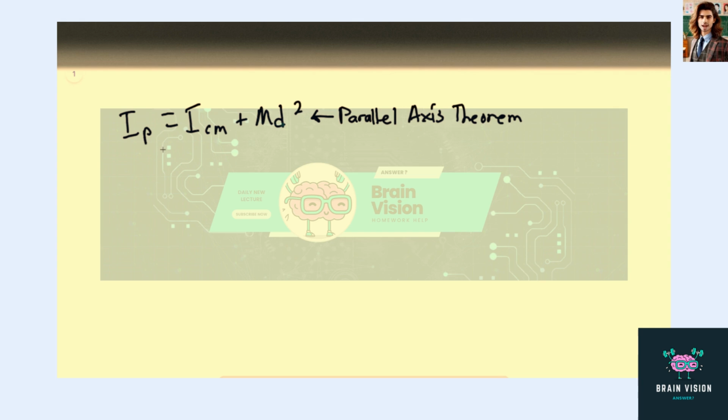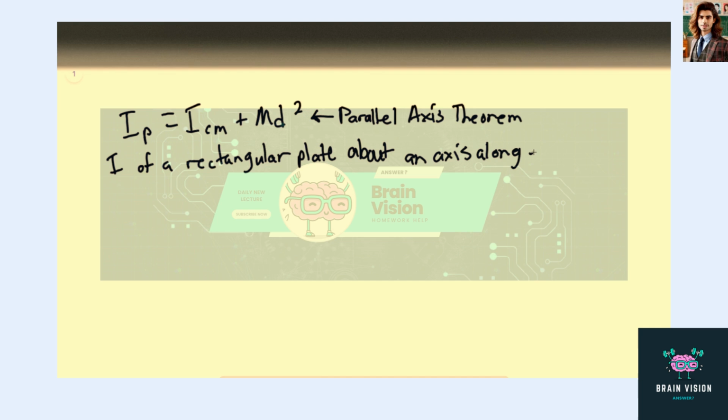So here we're going to write down I of a rectangular plate about an axis along the edge. And this is going to be equal to IP. So this would be IP equals ML squared over 3.